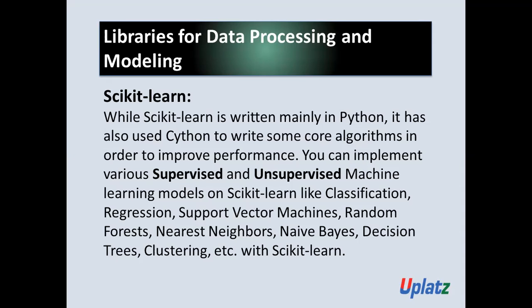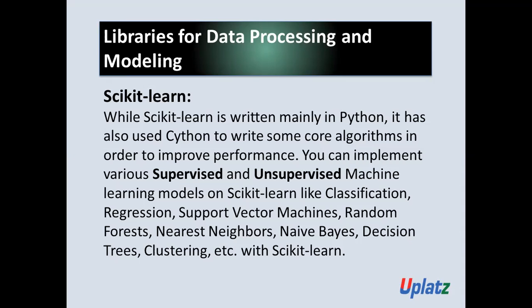Remember these four libraries, which are very important for data processing and modeling. Now you might be thinking, are there only four libraries? No, there are more libraries, but we have studied four libraries for data processing and modeling.